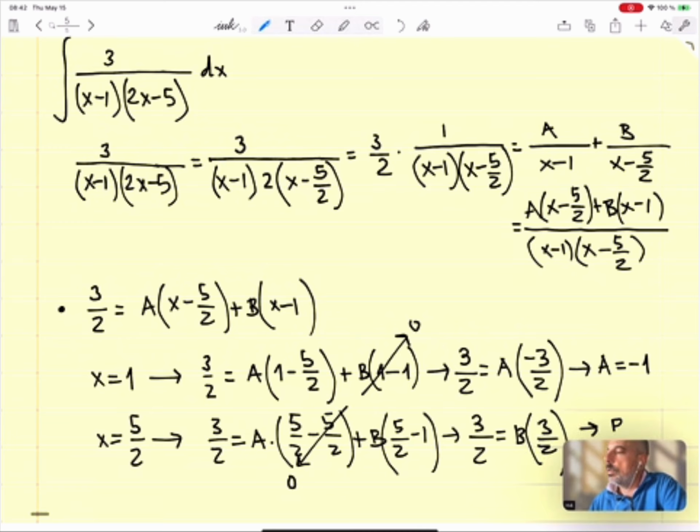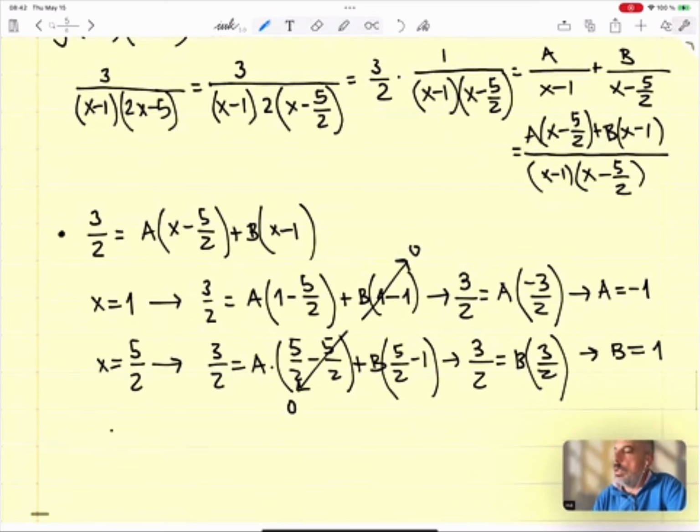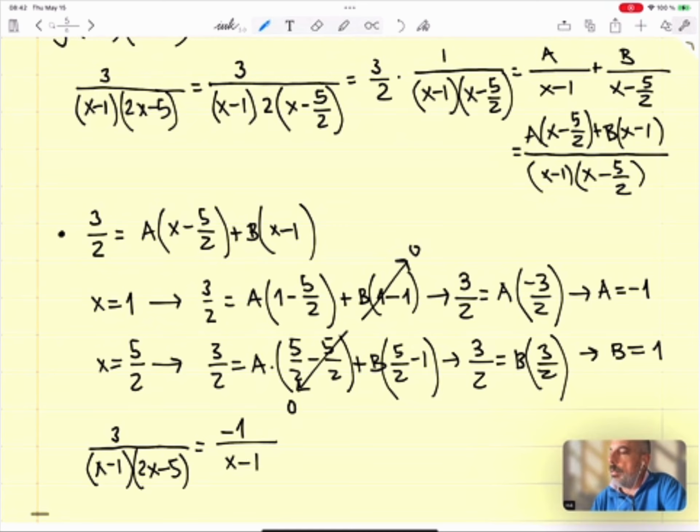So b is going to be 1. And then I take these values and I put them here. Okay? So with this in mind, I'd say 3 divided by (x - 1)(x - 5/2) equals minus 1 divided by (x - 1) plus 1 divided by (x - 5/2).